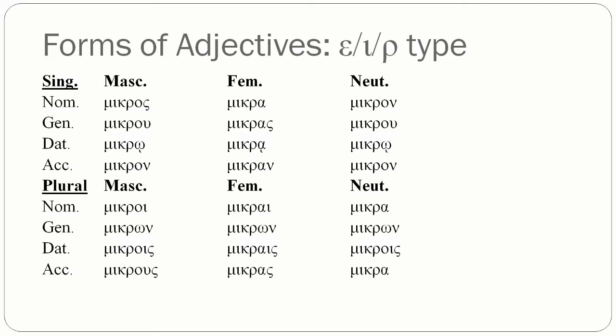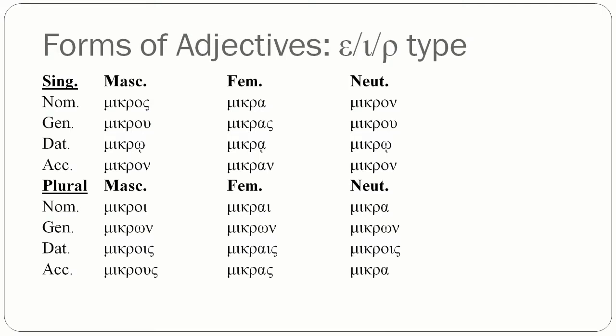Very similar to the masculine forms. First of all, the neuter nominative singular is mikron, omicron nu. And if you know the nominative singular in a neuter, you always know the accusative. And so if nominative singular is mikron, the accusative singular is also mikron. And then the two middle forms, genitive and dative, the endings are the same as the masculine.